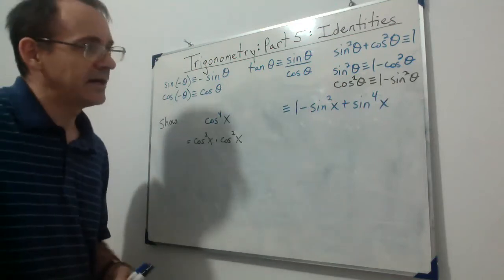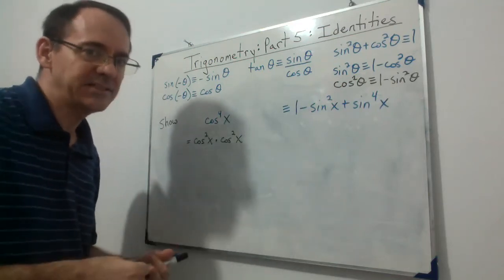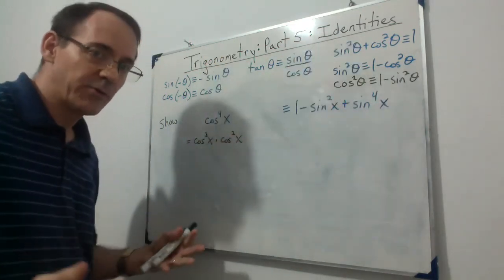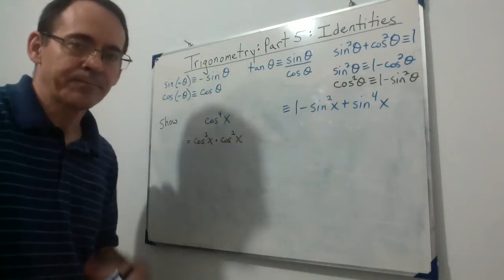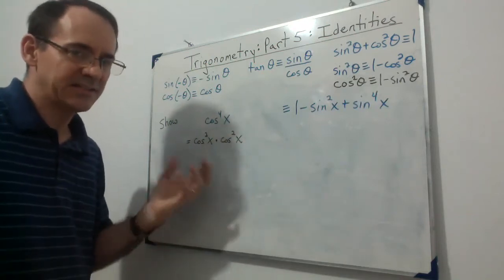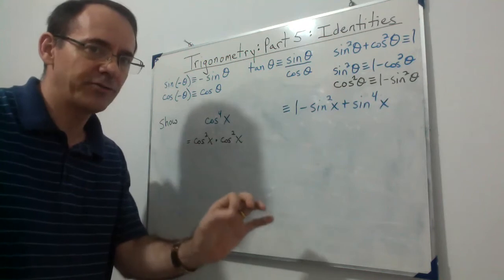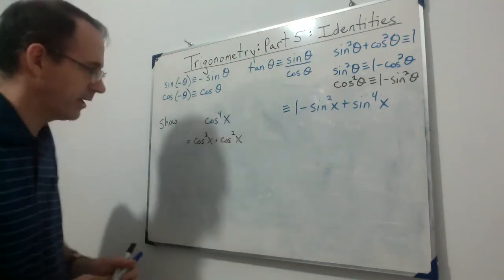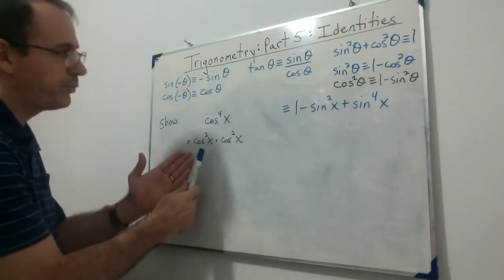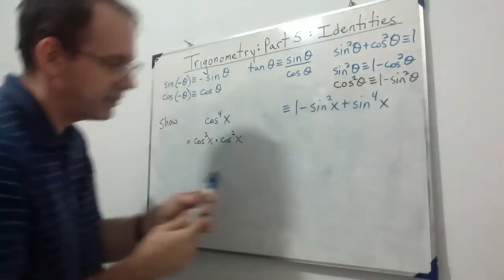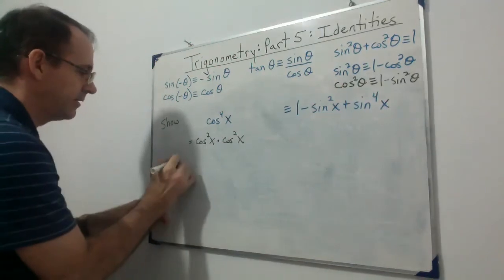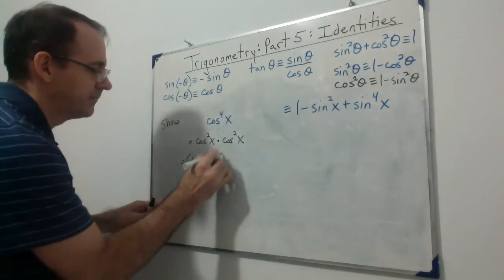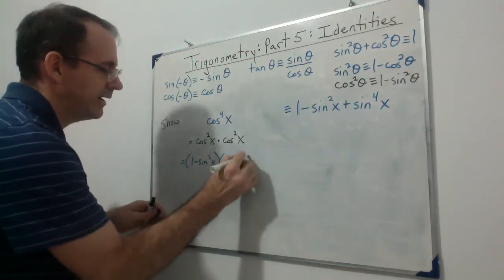And again, for me, I try to be consistent: if I'm working with degrees, I work with theta. If I'm working with radians, I use x. But really with identities, it doesn't matter because you're not solving for degrees or radians at this point. That's in the next part. So we can replace the cosine squared with the 1 minus sine squared. So this becomes 1 minus sine squared x, 1 minus sine squared x.